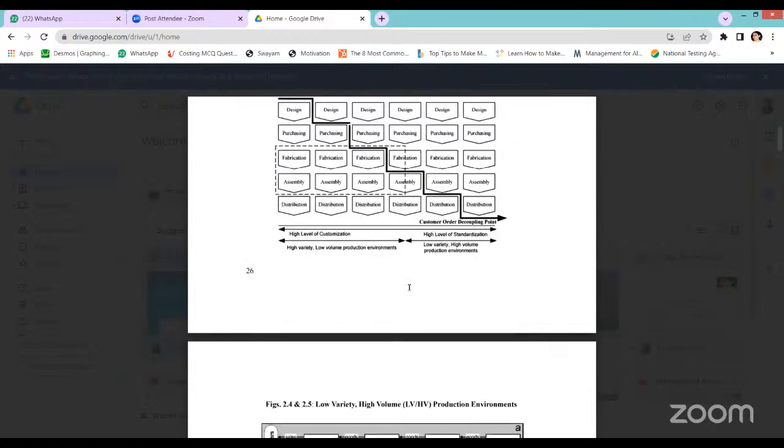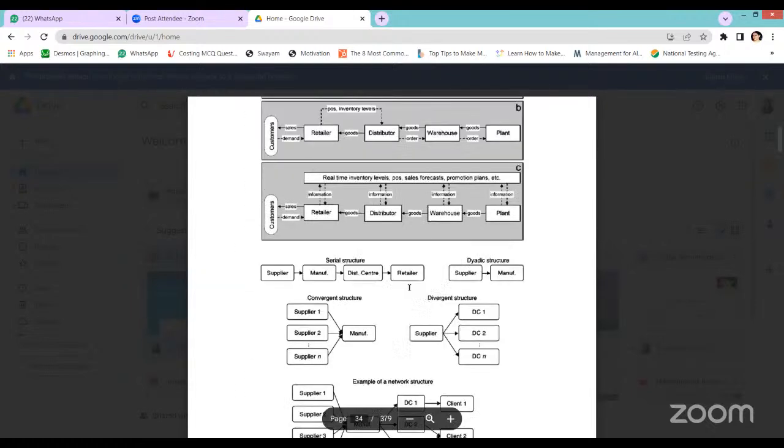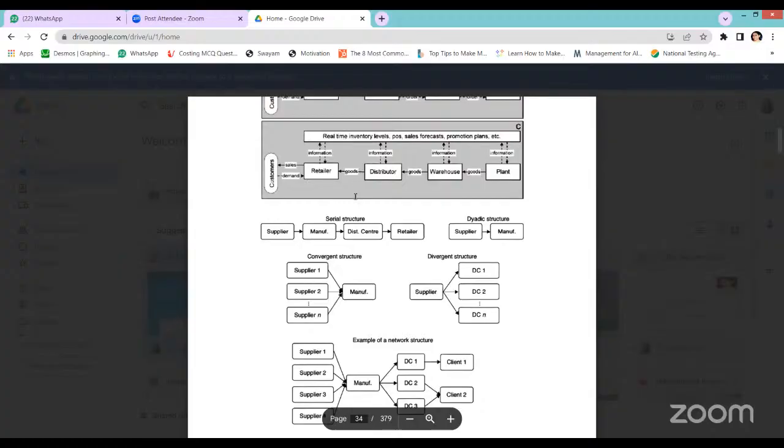Now let us see the next one. Whatever we discussed now has been given again in a more detailed way. Dyadic structure is supplier and manufacturer only. Serial structure is a form of chain that we are usually familiar with in the distribution network.